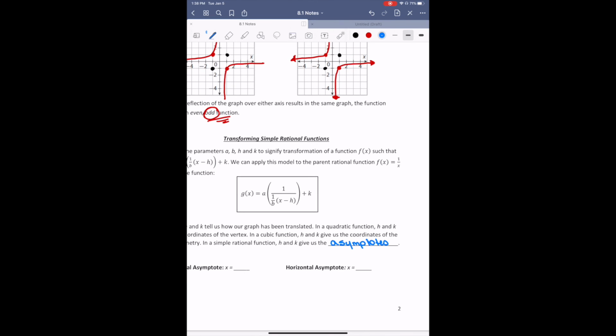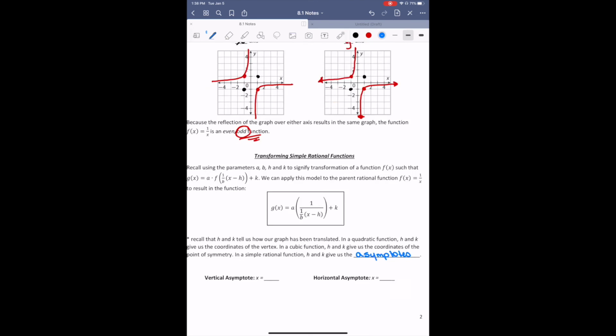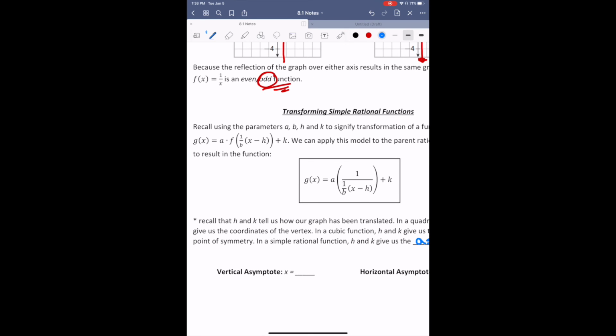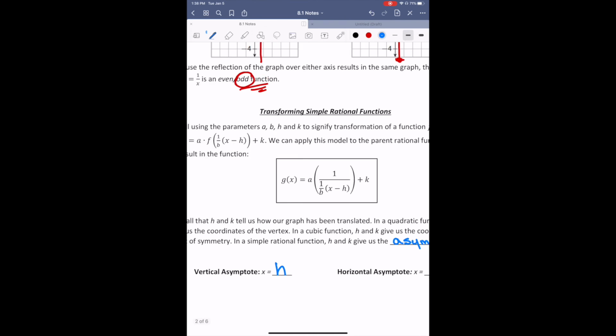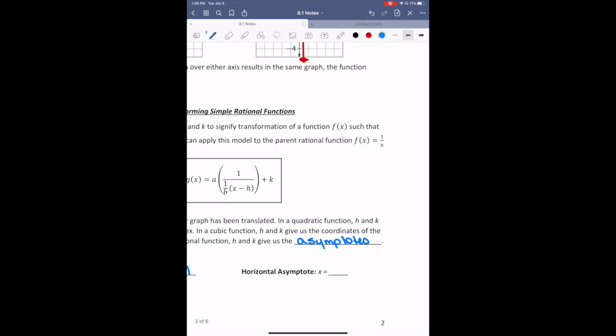Okay, because our vertical asymptote crosses the x-axis, x is given to us by h, and our horizontal asymptote, oops, that should say y, not x, our horizontal asymptote is located at y equals k.